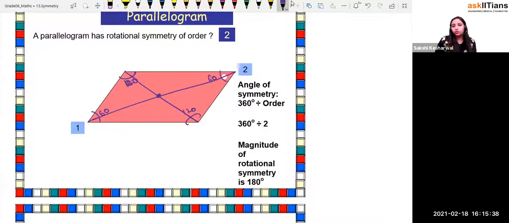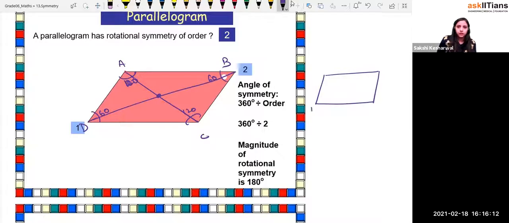So after a rotation of 180 degrees, if this is A, this is B, this is C, and this is D, what will happen, beta? The figure will look like this. It's going to be the same only. This place is going to be this.